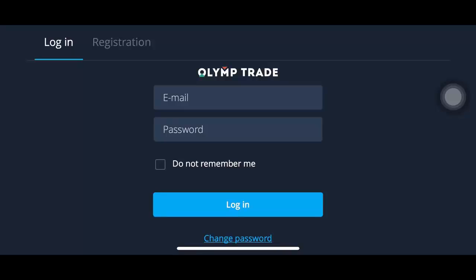If you have an Android mobile device or an Apple mobile device, go to Google Play Store or Apple App Store and install the mobile application by punching in Olymp Trade in the search bar, and once you do it, you will see this logo. Install the application, and then this is what you will see in front of you.